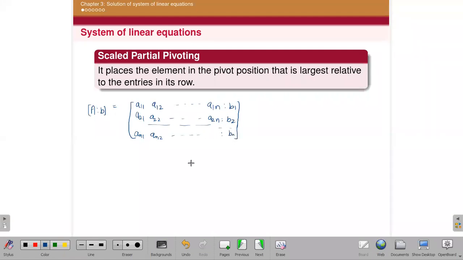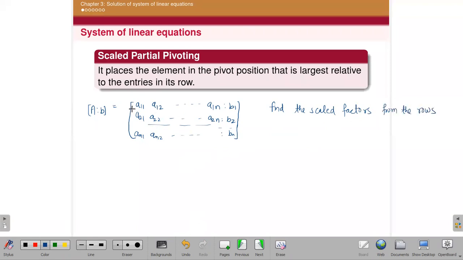So this is the general matrix. First of all, find the scalars, or they are called scale factors, from the rows.